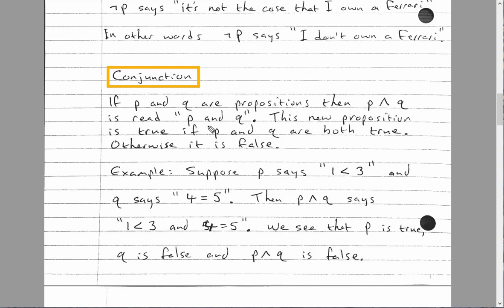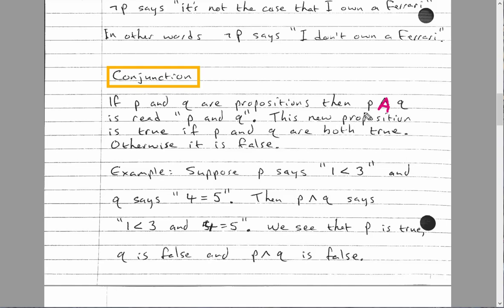The way to read it is P and Q. The way I remember it, think of this as like a capital A for and. Okay, so this is a new proposition. We're combining two propositions to get a new one.